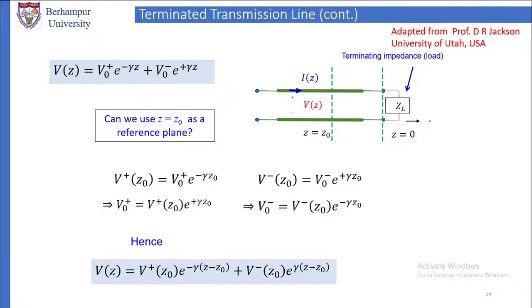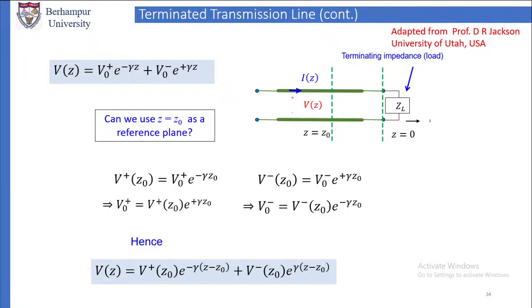Now V0 plus at z0 is equal to V0 plus exponential minus gamma z0. Similarly, you can write V0 plus is equal to V plus of z0 exponential gamma z0, multiplying both sides by exponential gamma z0. So V0 plus is equal to b plus exponential gamma z0. When I say b plus, understand that it is V plus as a function of z0.